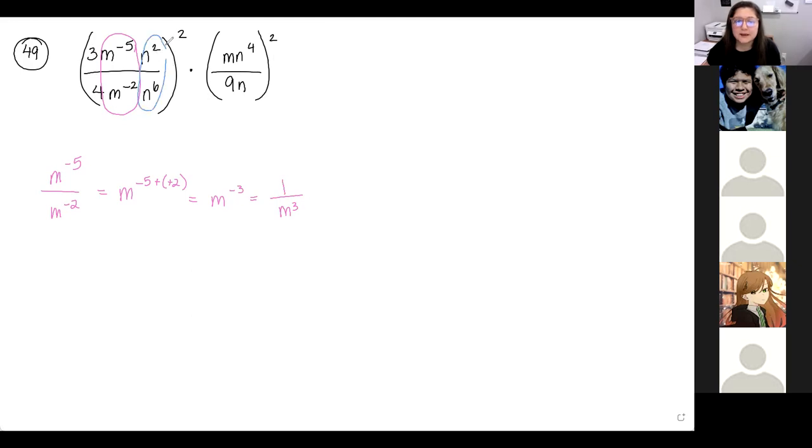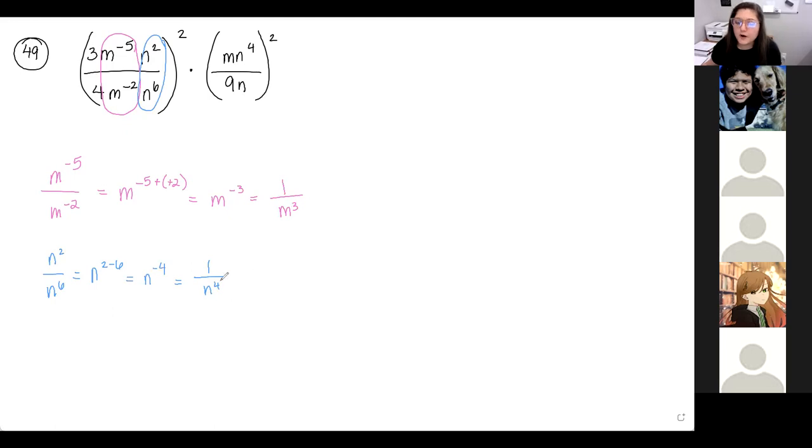So then let's take a look at the n's, right? So now I have n to the second over n to the sixth. I'm going to subtract again, n to the 2 minus 6 power, which is n to the negative fourth, which is going to be 1 over n to the fourth power.